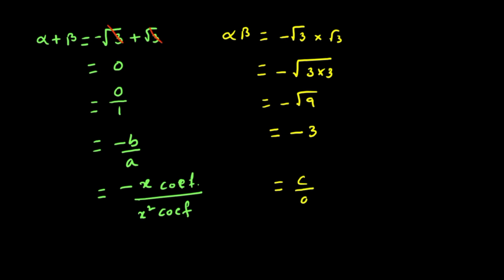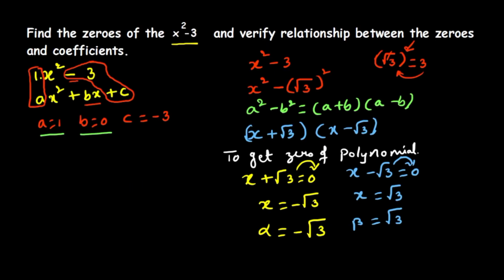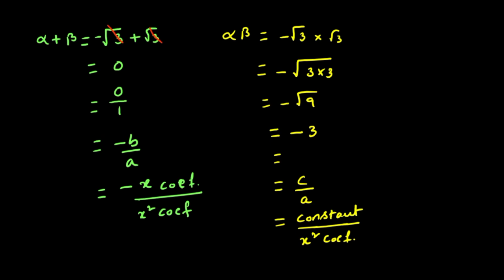What is c by a here? That is the constant by x square coefficient. Once we check the previous page, yes, c equals minus 3 and a equals 1. So this minus 3 we write as minus 3 by 1, because minus 3 by 1 equals minus 3. So that is c by a.